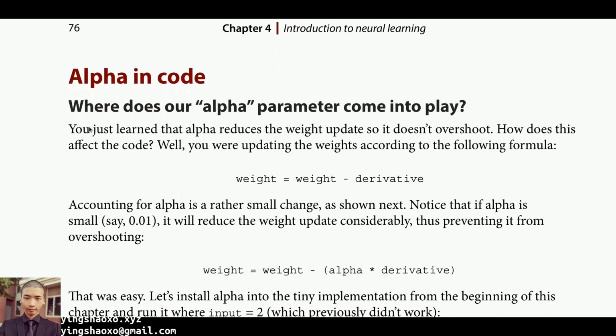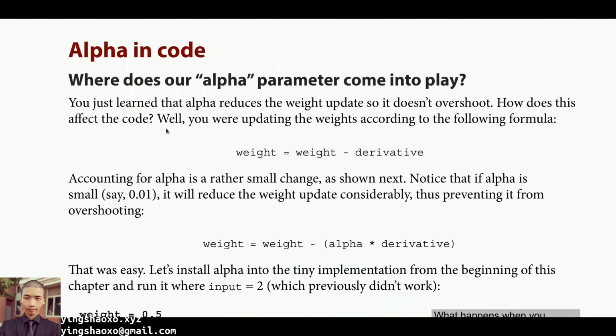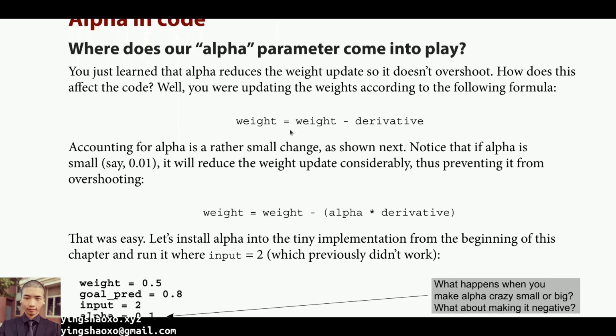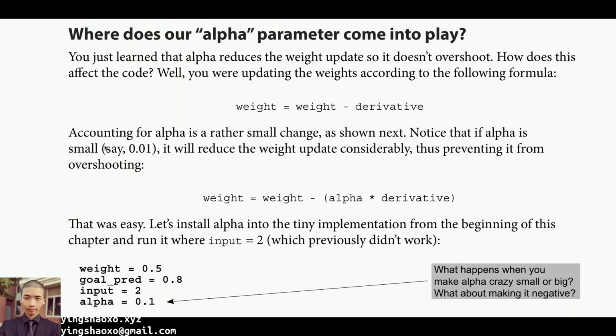Alpha in code. Where does our alpha parameter come into play? You just know that alpha reduces the weight update so it doesn't overshoot. How does this affect the code? Well, you were updating the weights according to the following: the weight equals the weight minus the derivative. Accounting for alpha is a rather small change.